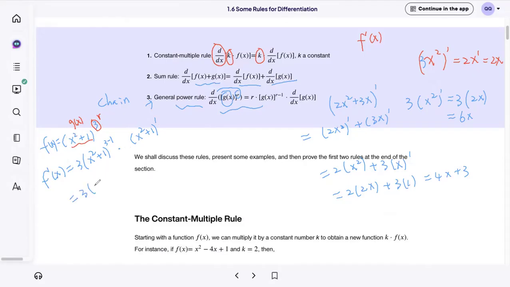Right? I get 3 times x squared plus 1 raised to 3 minus 1, which is 2. Then multiply by, I differentiate x squared plus 1. Well, x squared is 2x. Well, derivative of 1 is 0 because 1 is a constant. So then I can multiply 3 with 2x. I get 6x times x squared plus 1 squared.